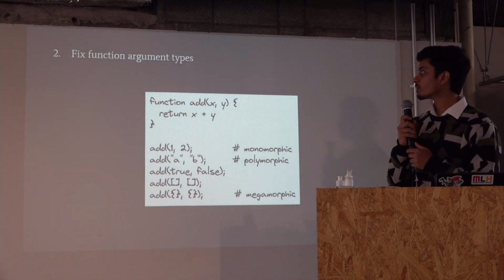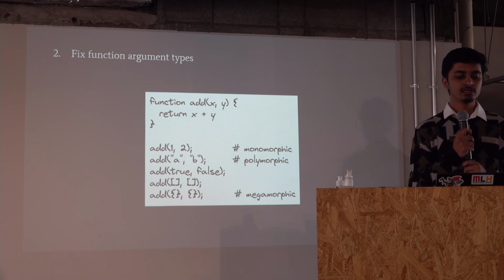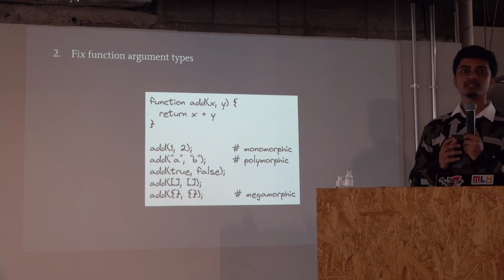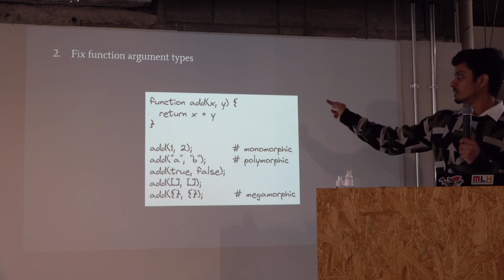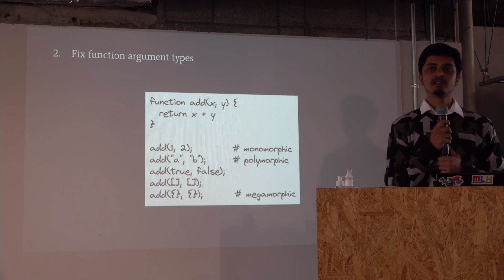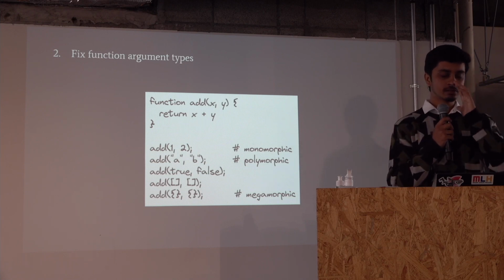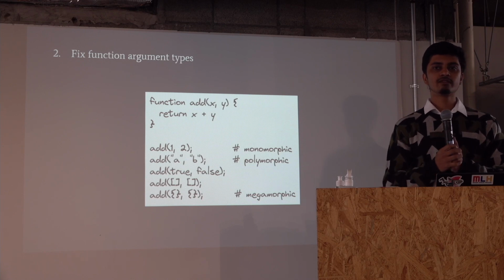Next one is quite an important one, which means that the function argument types must be fixed. For example, since JavaScript is a dynamic language, this is a simple function which could return the sum of two things, which could be of any type, which we call in technical terms shapes. So you could return either numbers, letters, or Boolean values, anything.